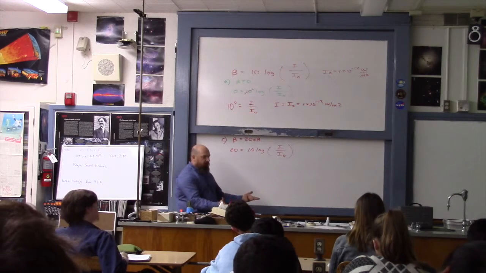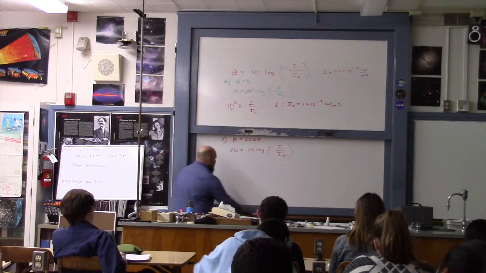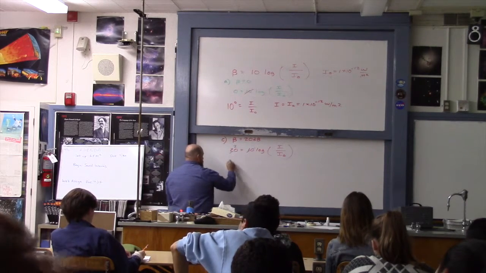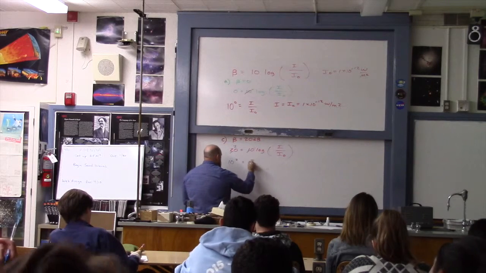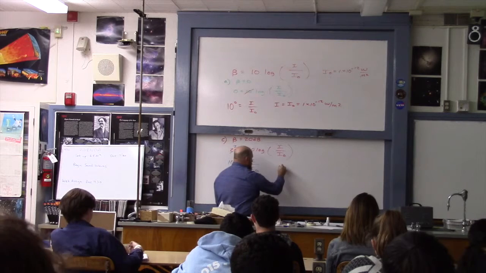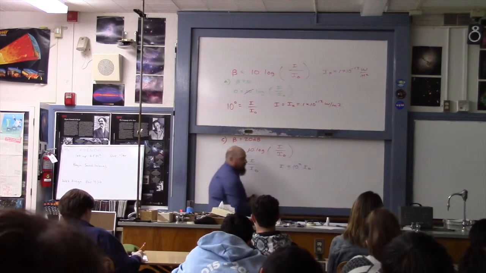Here in the decibel scale, it's basically the same thing, it's just that we multiply it by 10 to get rid of the decimals. All right, so just do a little bit of canceling here. This is a 2. Okay, go to exponential form like so. And then just cross multiply and solve for I. Like so.